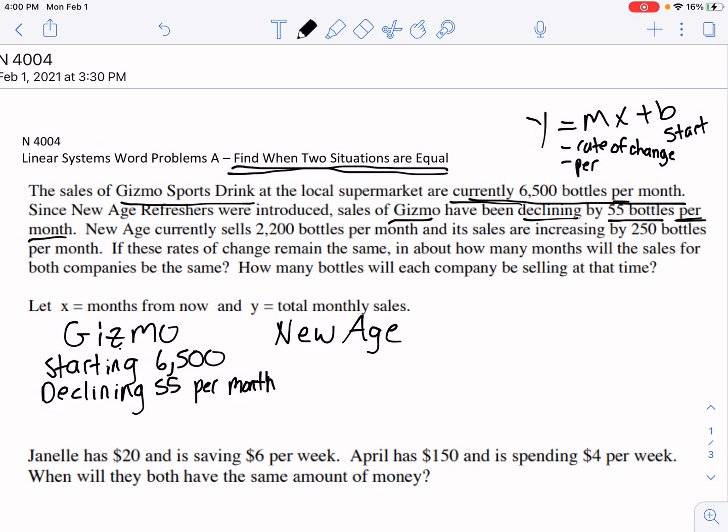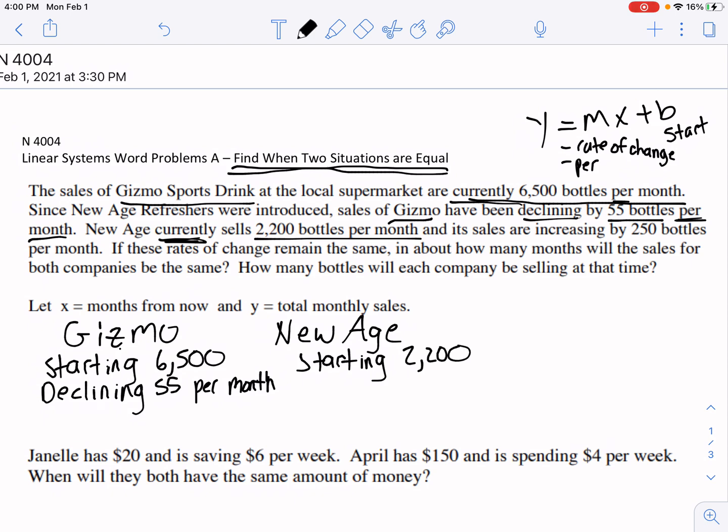There we go. So we're declining by 55 bottles per month. Now, New Age, they're currently selling 2,200 bottles per month. So they're starting with 2,200 bottles per month, and their sales are increasing.